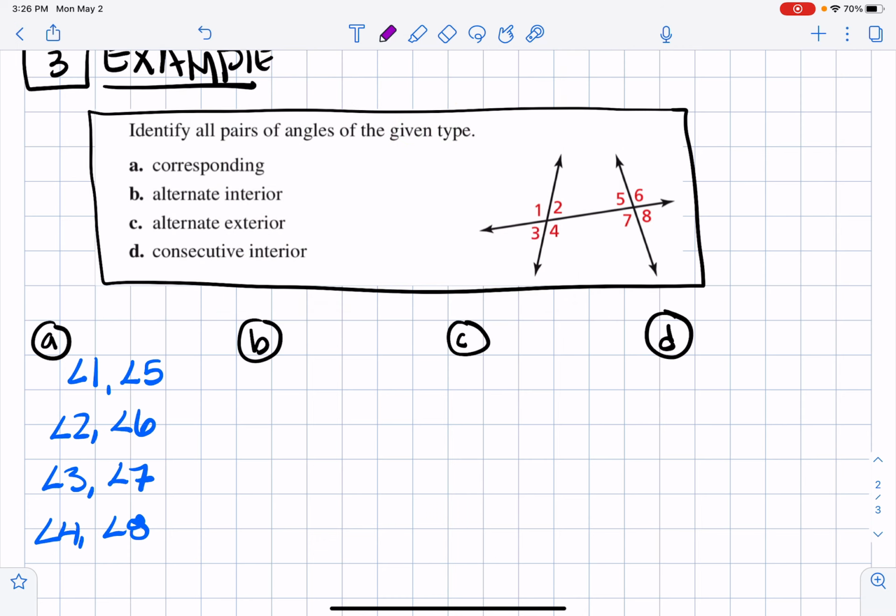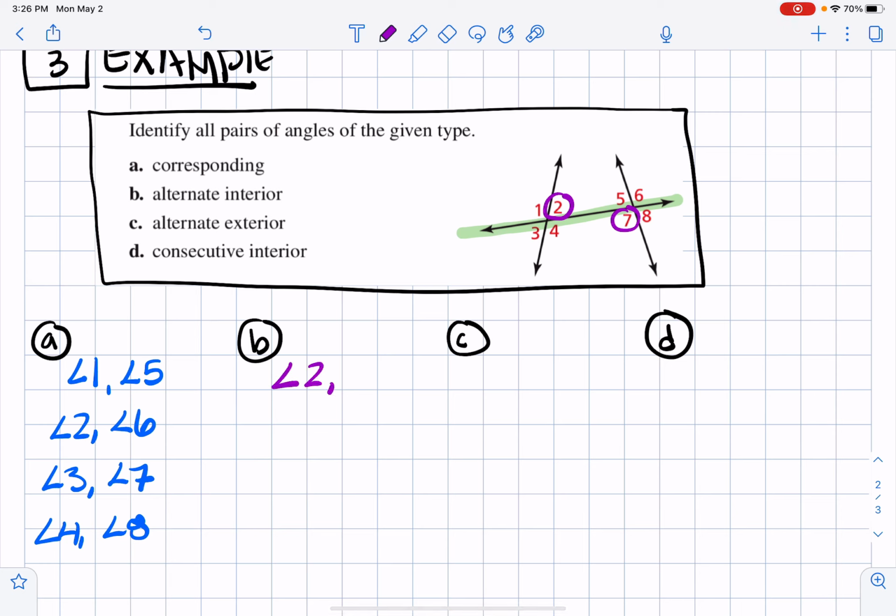All right, let's go purple. Alternate interior angles. Alternate and interior. Well, remember that this is our transversal, and that's cutting the two other lines. So alternate and interior. So they have to be on opposite sides of the transversal, but on the inside of our lines. So maybe 2 and 7 are alternate interior.